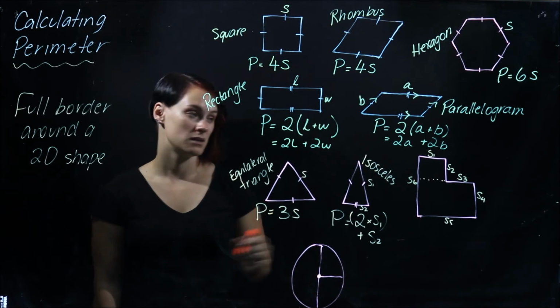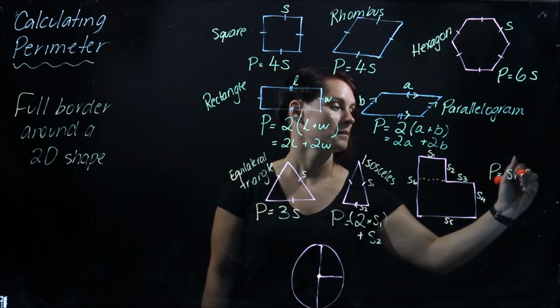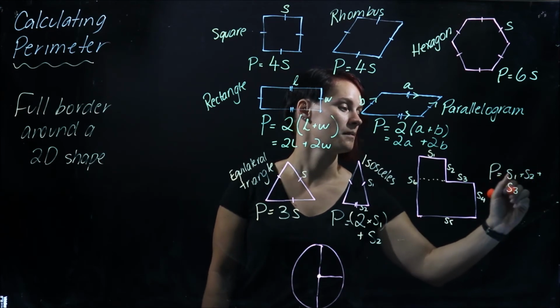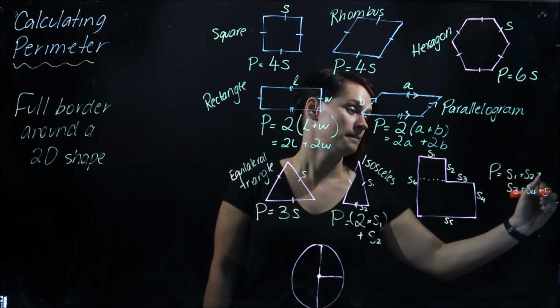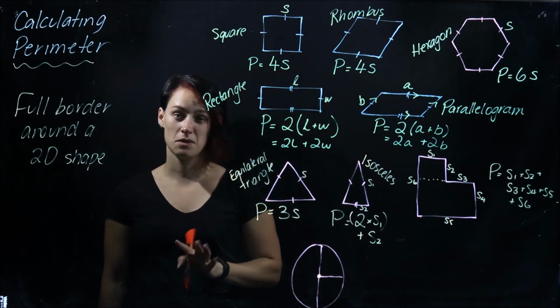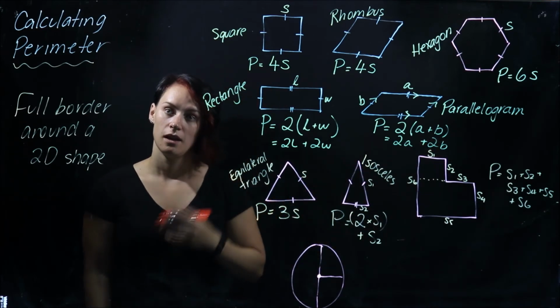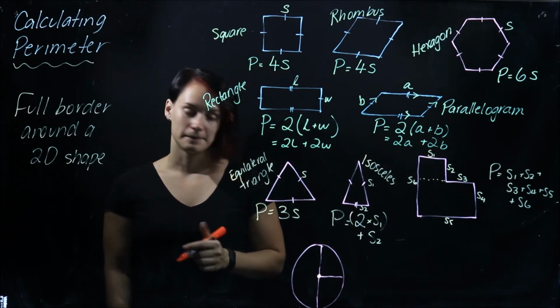There's no easy way of doing it, but you would simply say the perimeter equals side 1 plus side 2 plus side 3 plus side 4, for however many sides there are. There's no simple rule for those kinds of shapes, but it is important that you still write that rule, showing someone your working.